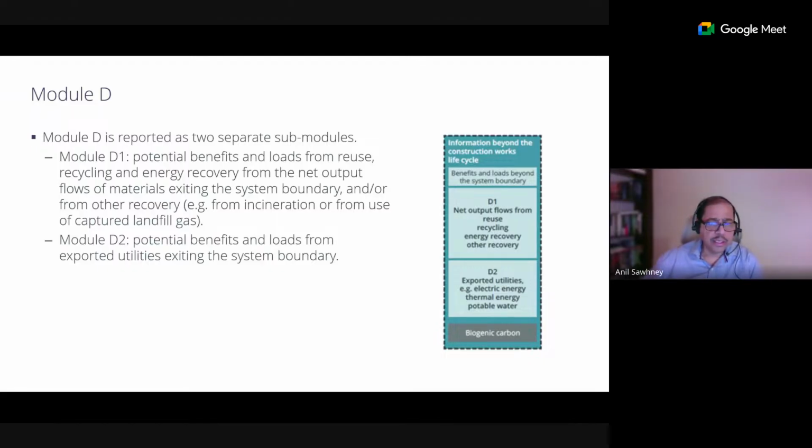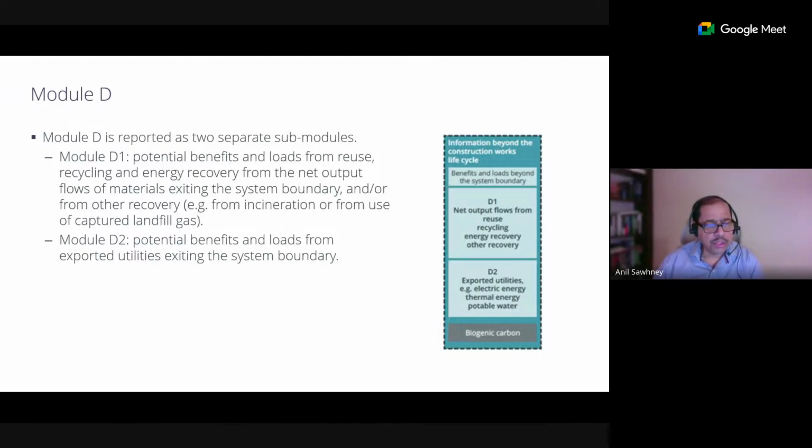Basically, this is outside of the system boundary, any emissions or benefits, plus or minus. Let's say there is structural steel that can be sent to another site. It's a benefit, not a load, for this asset. So module D1 looks at those.